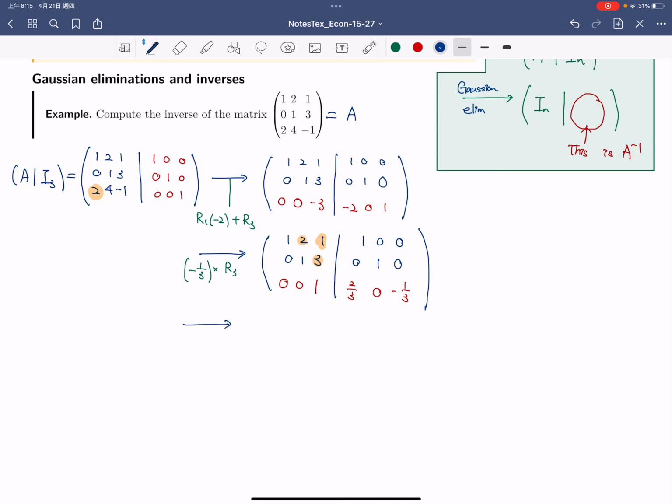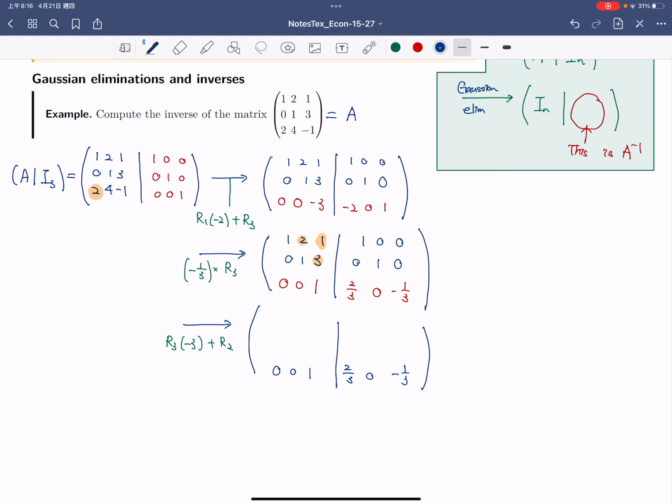So this is unchanged. And then I'm going to multiply the 3rd row by minus 3 and add it to the 2nd row.